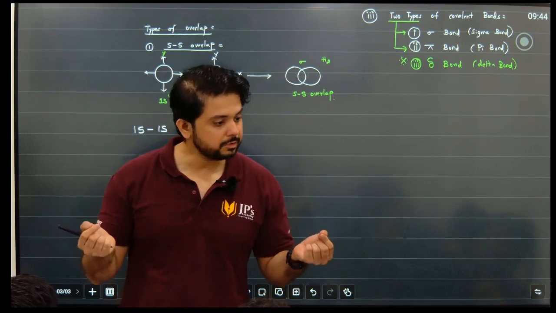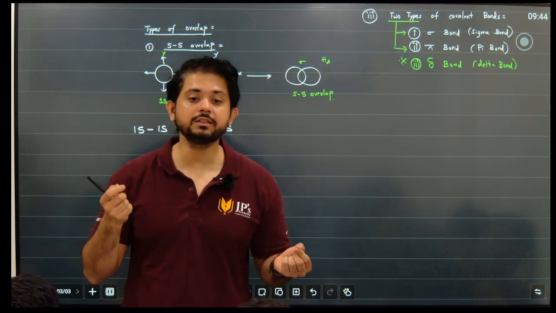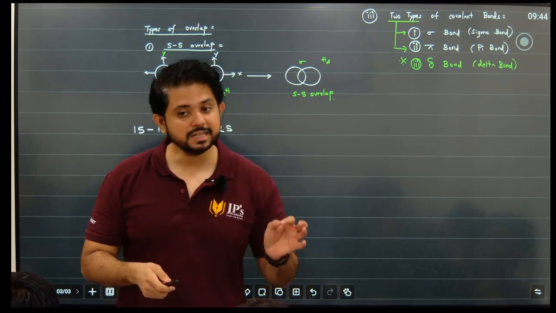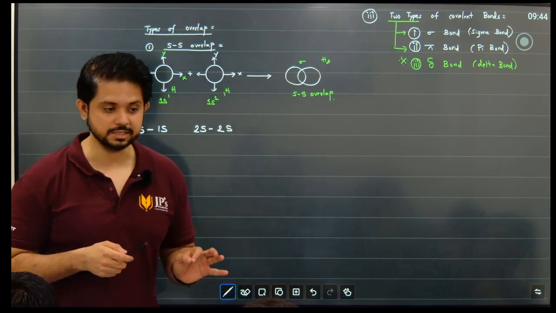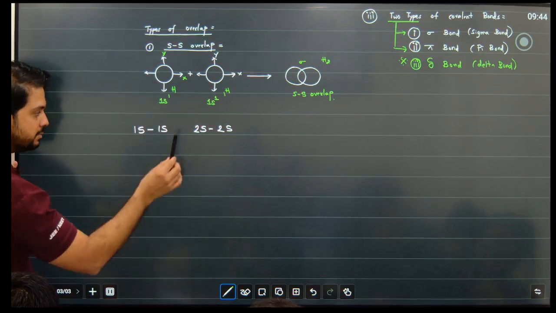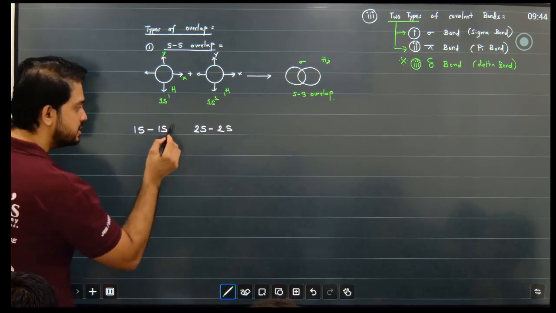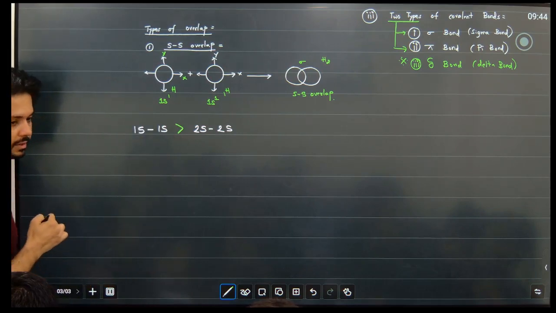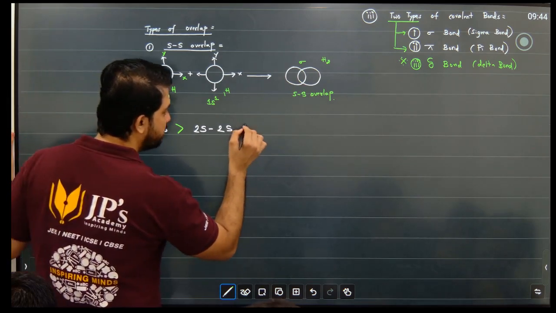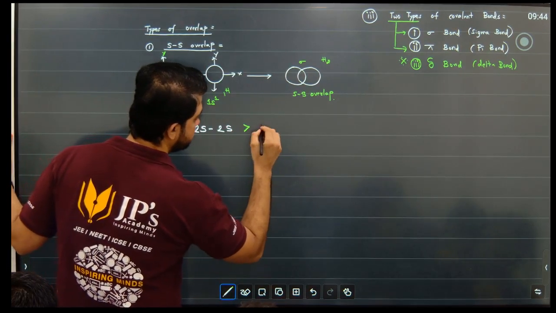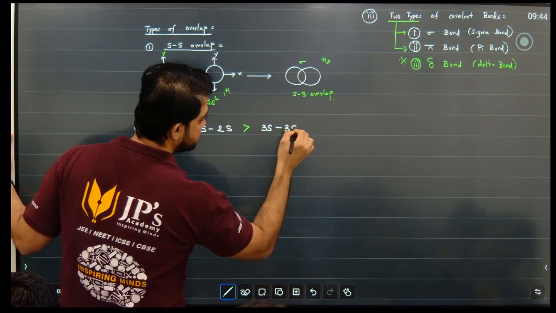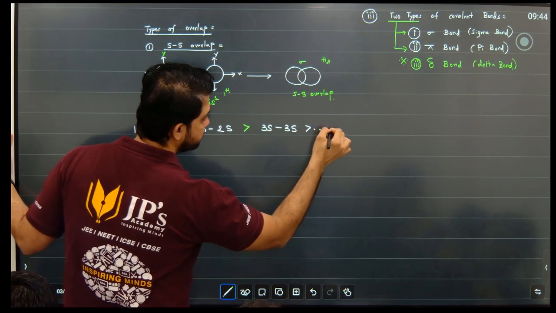As the distance between the nuclei increases, bond length will actually increase, and hence strength of bond decreases. In short, एक sigma bond between 1s 1s is stronger than a sigma bond between 2s 2s, which is stronger than a sigma bond between 3s and 3s and so on.